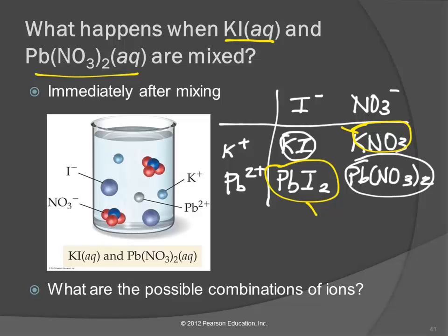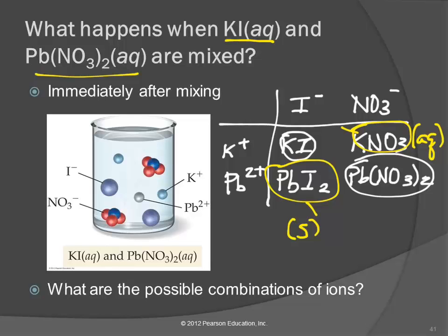If we look up lead iodide, we find out that that's insoluble, so that's going to be a solid. If we look up potassium nitrate, we're going to see that that one is soluble, so that one's going to be aqueous. But when you have four ions, you have four possible combinations between them.